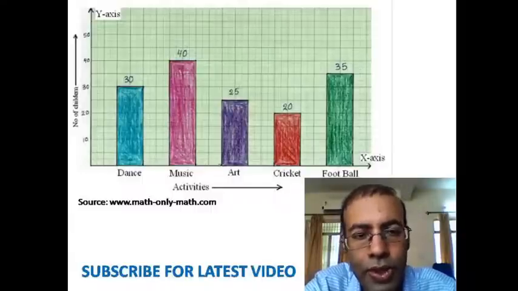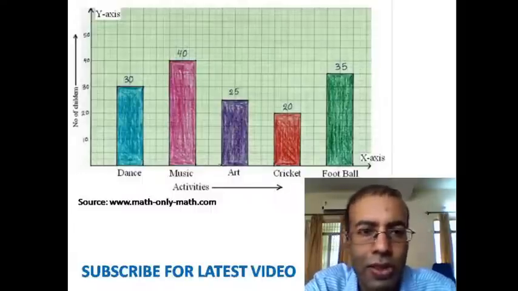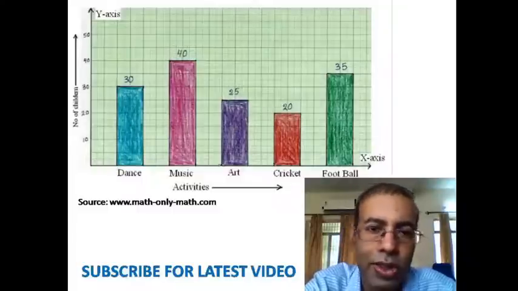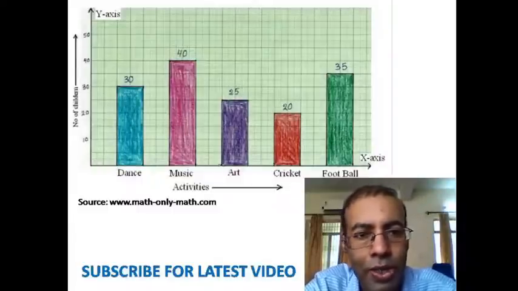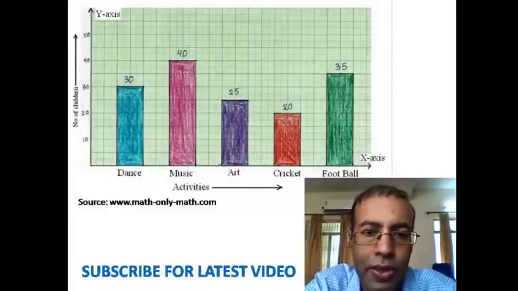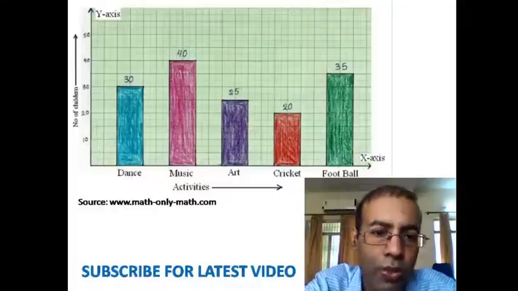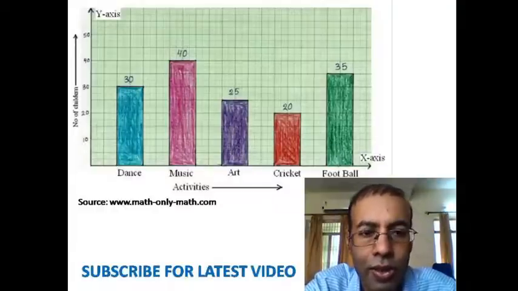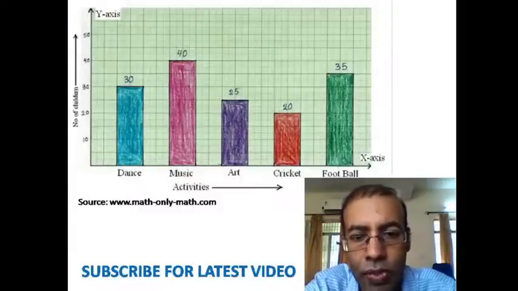So this way all this information was represented on this simple diagram, and we found that most of the students like music and least were fond of cricket.